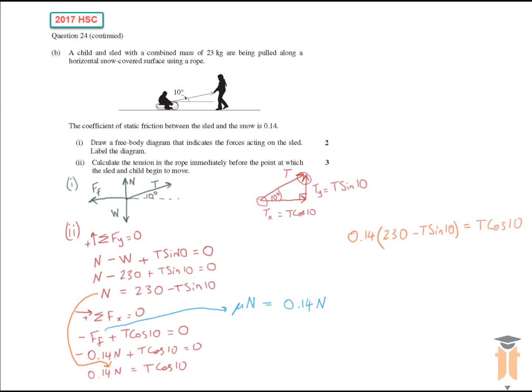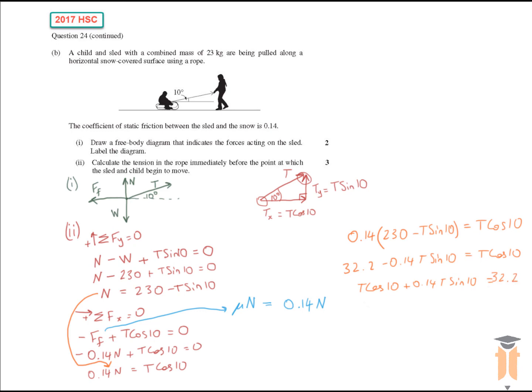Expand that and we get 32.2 minus 0.14 T sin 10 equals T cos 10. Move the T's to one side, so we have T cos 10 plus 0.14 T sin 10 equals 32.2.